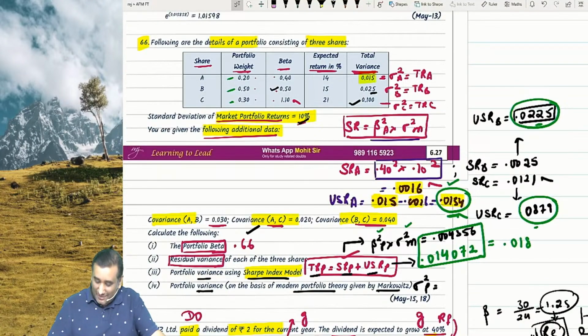Calculator clearing, 0.018. You have these two numbers. 0.004356 was systematic risk, unsystematic risk is 0.018.